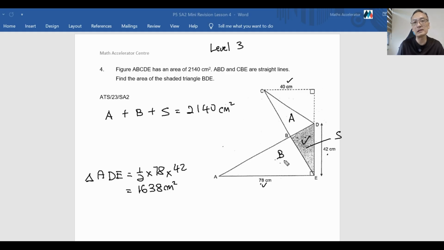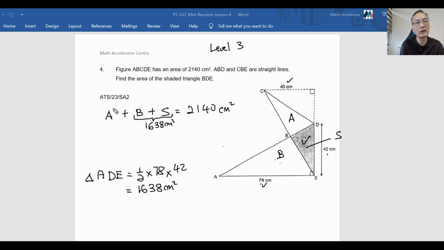So this is B and S together, right? So here is B and S. So B and S, when we combine, and we did a calculation, is 1638. So the objective is, if we are able to take away A and B, then from 2140, we should be able to find S, right?